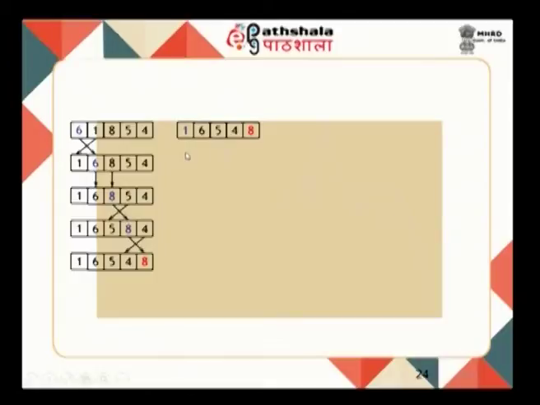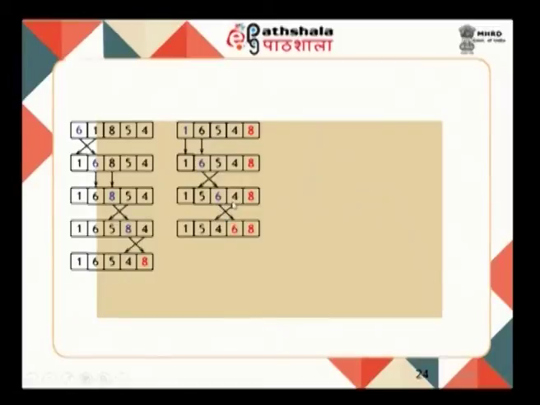In the next phase I will start with this. Again I will check whether the numbers are in the correct order, and if the order is not proper, then I am going to exchange these two. Again you can see this is not in order, so I am exchanging. Now I can see very well the 6 has bubbled into its correct position.